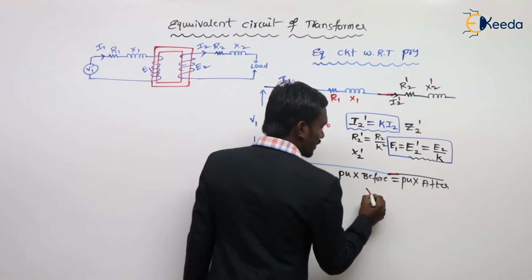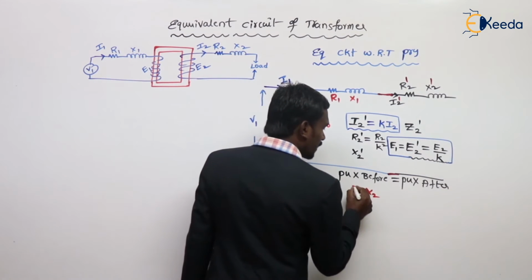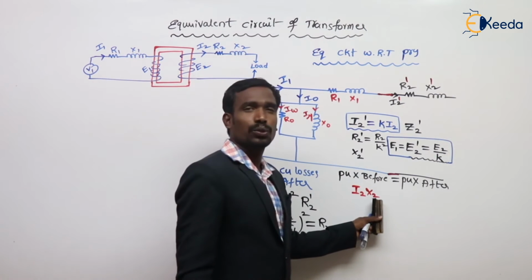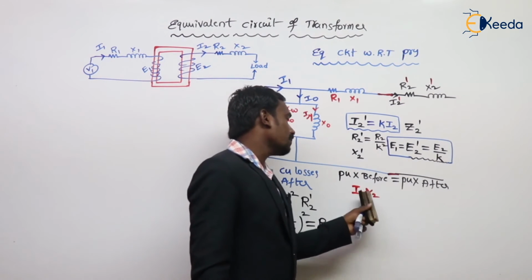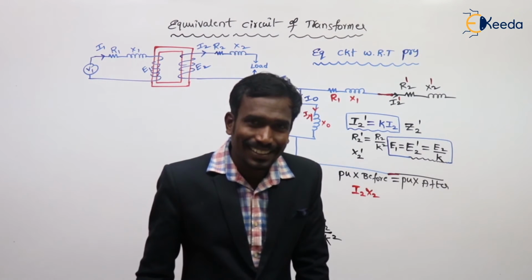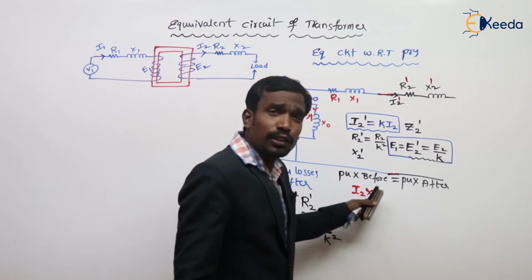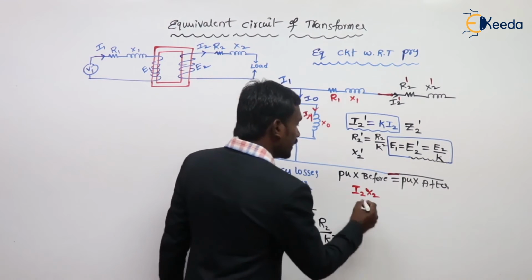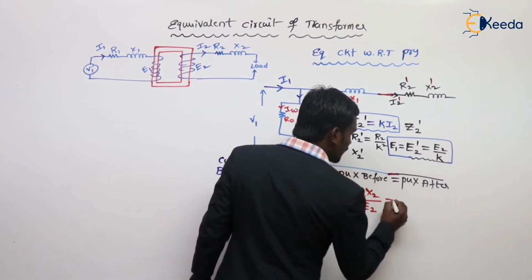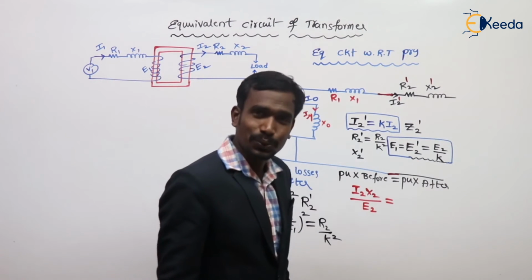Generally, reactance is X2 and reactance drop is I2X2. Sir, I want per unit reactance. Per unit value is equal to actual value by base value. What is the base value for secondary? Base value for secondary is E2.